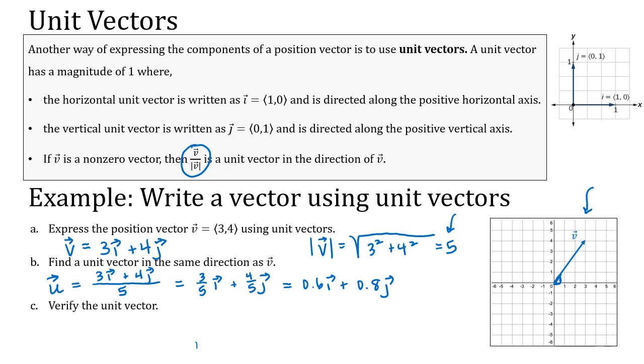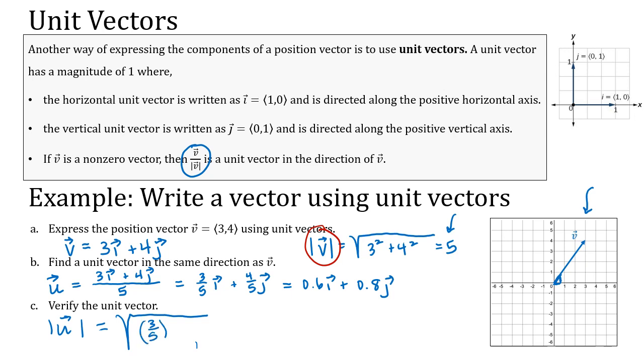Now, I can verify that this is a unit vector by finding its magnitude, right? What is the magnitude of the unit vector? Well, just like you saw me do with the original vector, I can do the same thing here. I'm going to take the square root of, what do I have? 0.6, but I think I'm going to call it 3/5.